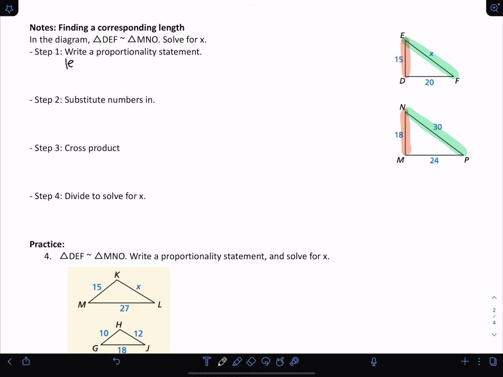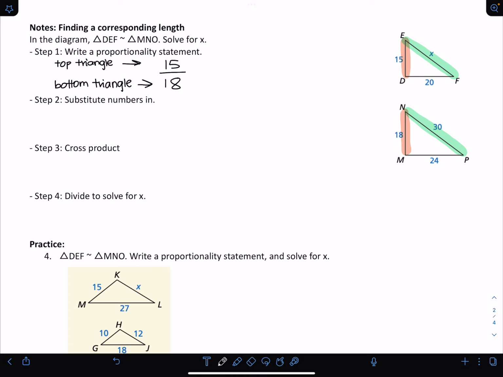Then we'll do the left triangle, or I can't call it a left triangle anymore. We'll put the top triangle on top, and the bottom triangle on bottom. That makes sense to me. So the sides that should go on top for the orange is 15 over 18.